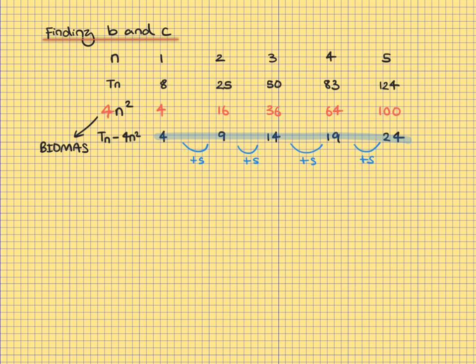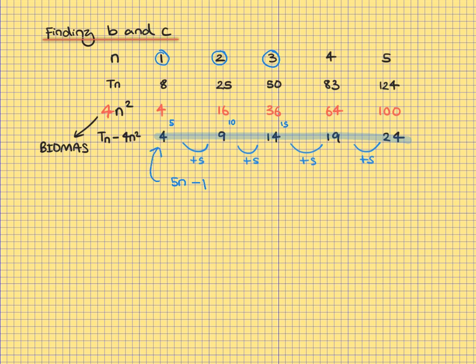We can see that the differences are 5, so that must mean we have 5n. Now, 5 times 1 gives me 5, but I want to convert it to 4. 5 times 2 will give me 10, but I want to convert to 9. 5 times 3 will give me 15, and you can see in each case it's 5n minus 1, which gives us the formula for this part here.